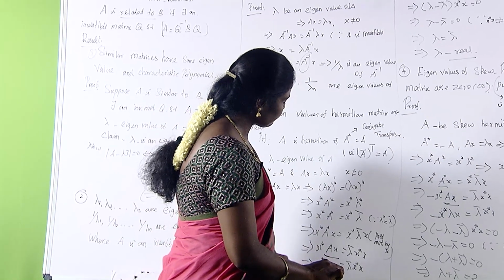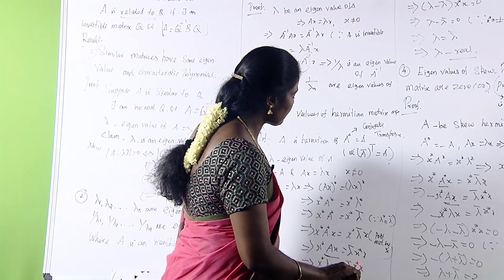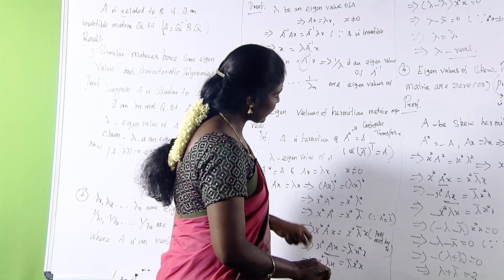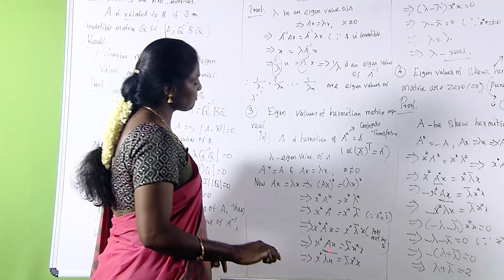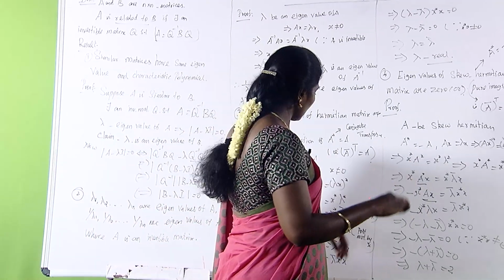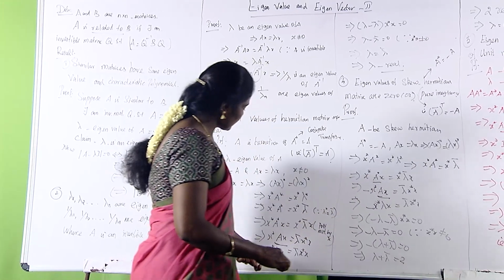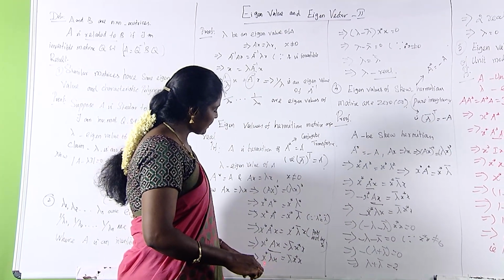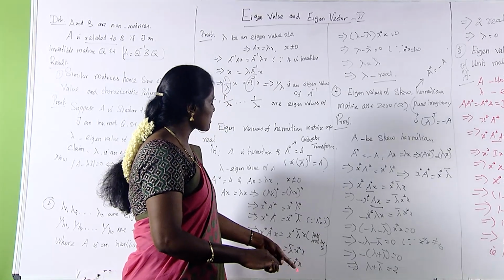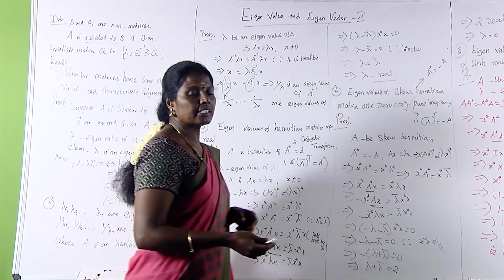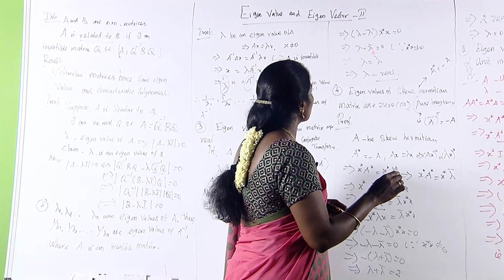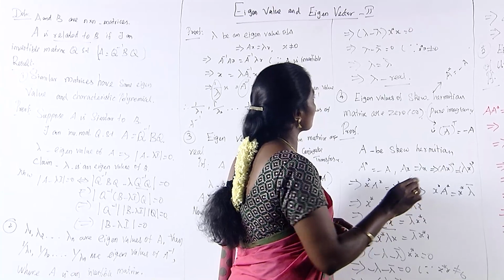Now, x star lambda x equals lambda bar x star x, which can be written as lambda x star x equals lambda bar x star x. Now, we can take this to the other side: lambda x star x minus lambda bar x star x equals 0. Taking x star x common outside, we get lambda minus lambda bar times x star x equals 0.